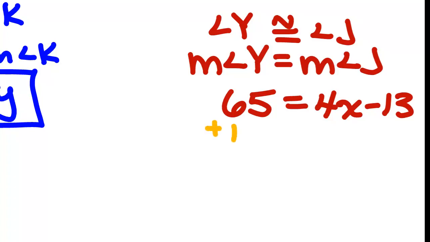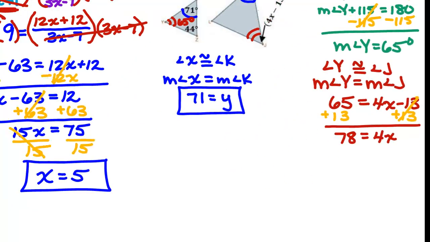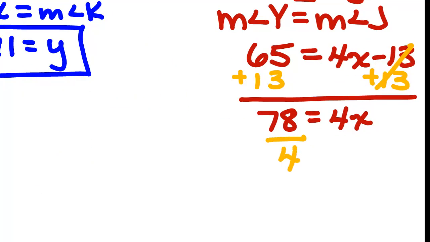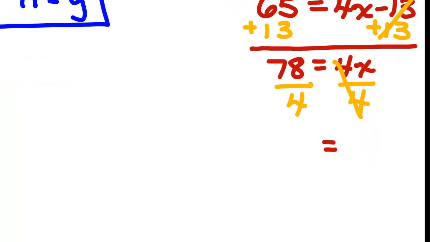Add 13 to both sides. 65 plus 13? 78. 78 equals 4x. Divide both sides by 4. And 78 divided by 4 gives me what? 19.5.